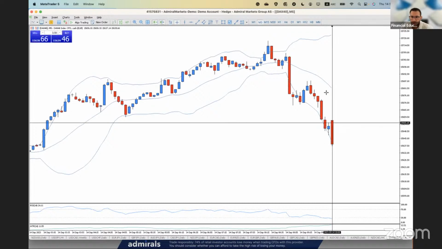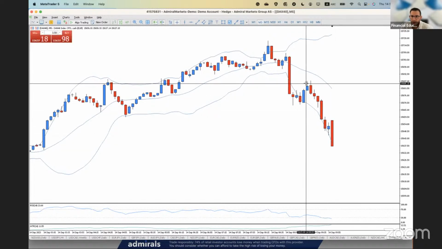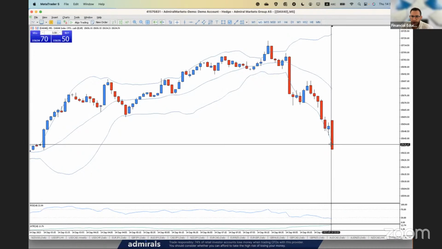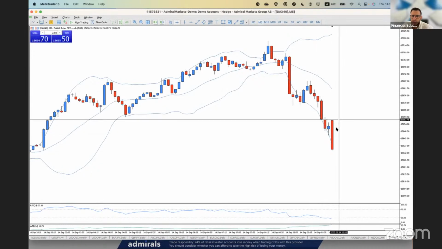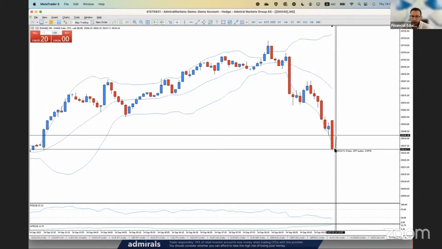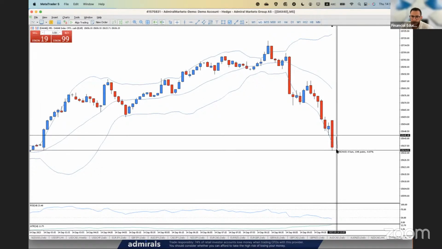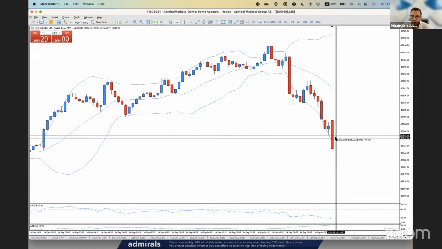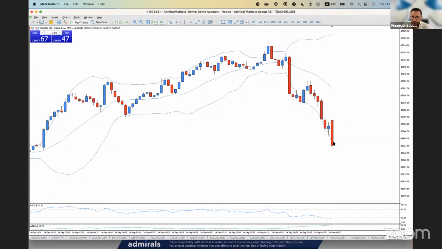So I'm telling you, the market is overextended, right? It's stretching. Now, if you haven't placed a sell stop order here, that's 10 points already played out. If you haven't placed a sell stop order here, I really will be keeping an eye in the next 1 hour or so, every 5 minutes, to see when the market approaches this area of resistance here.